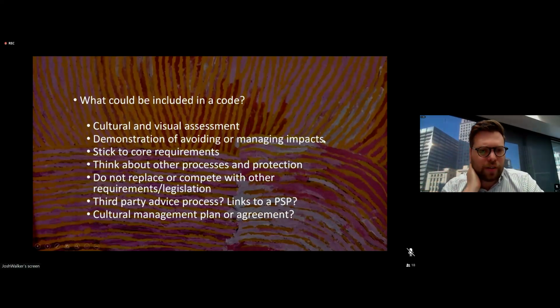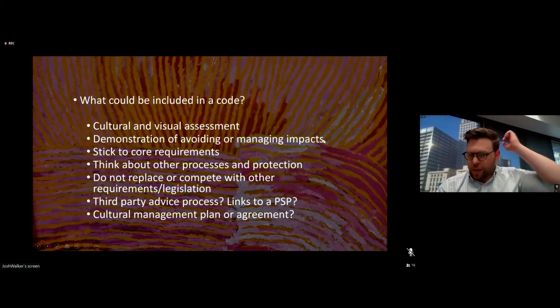You need to be very clear on what they are, sticking to core requirements and thinking about other processes for protection. So it may not necessarily be through the code, or the code might refer to a planning scheme policy that outlines a way that you can do an assessment that might be relevant and enough for a planning scheme, for a DA, and through the assessment process.